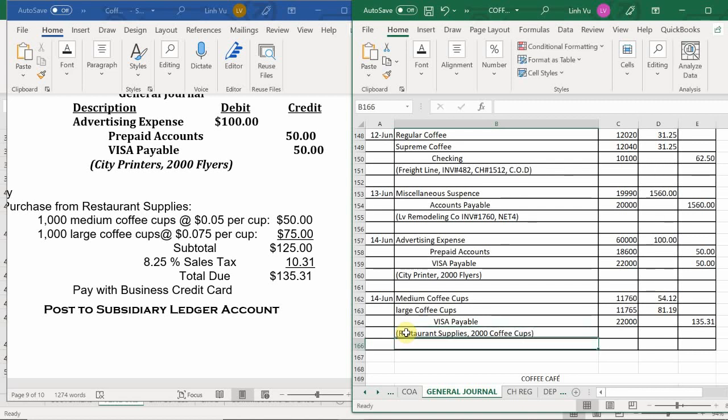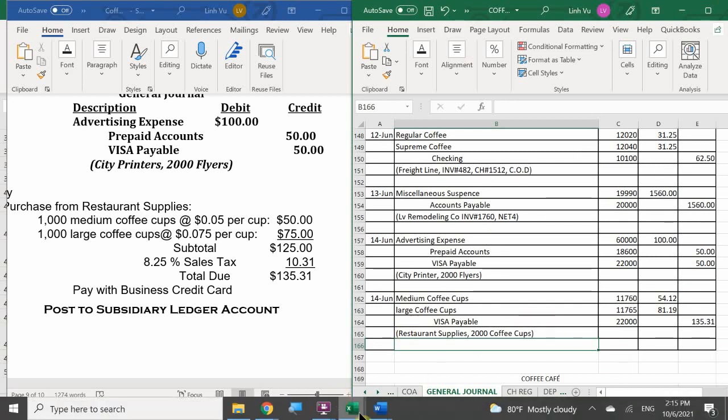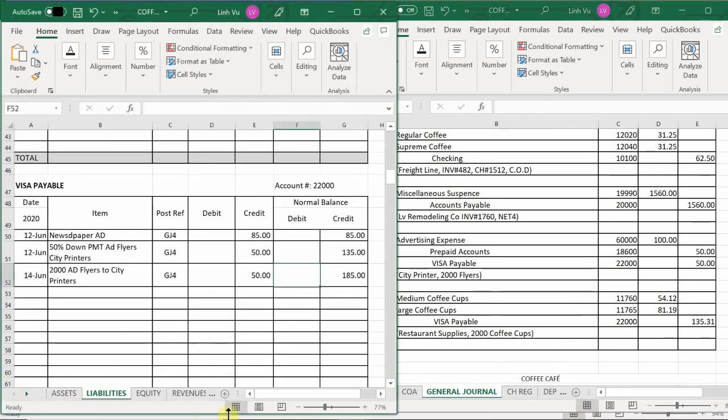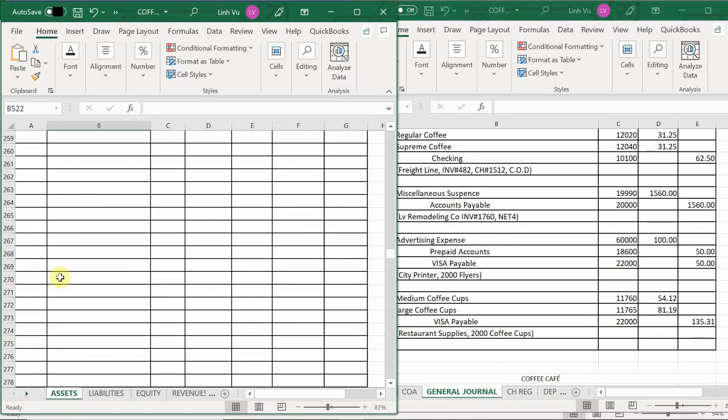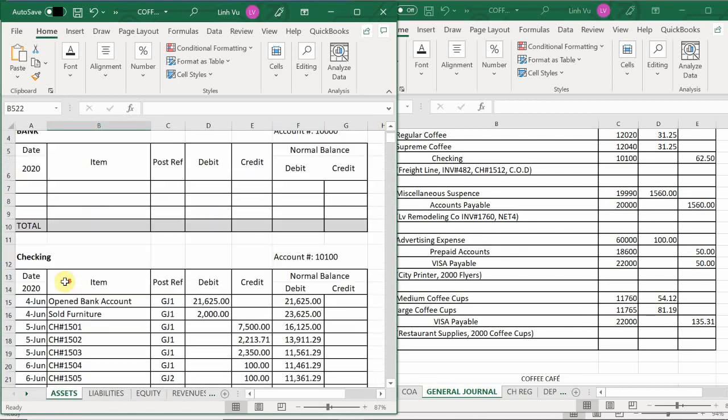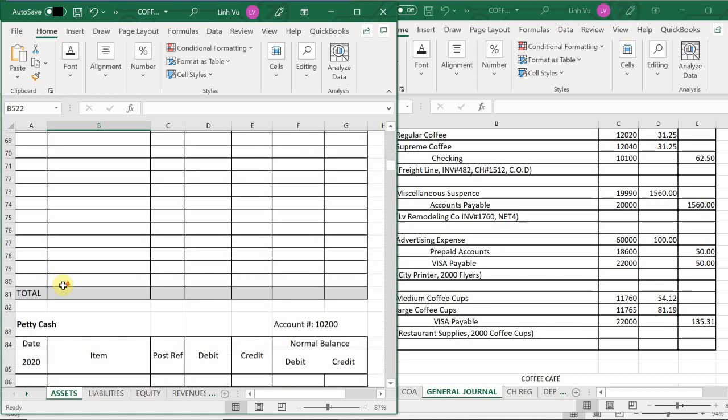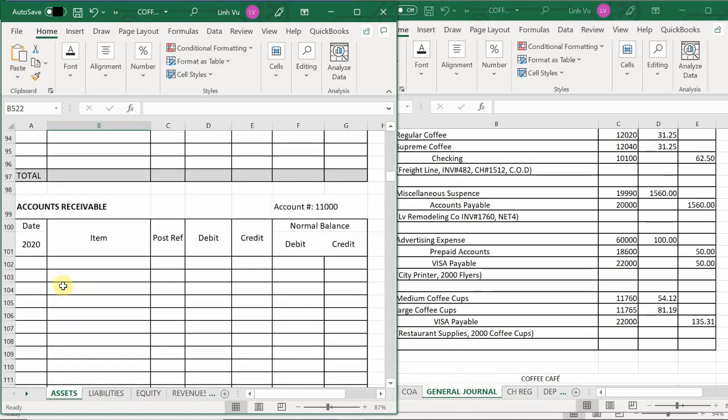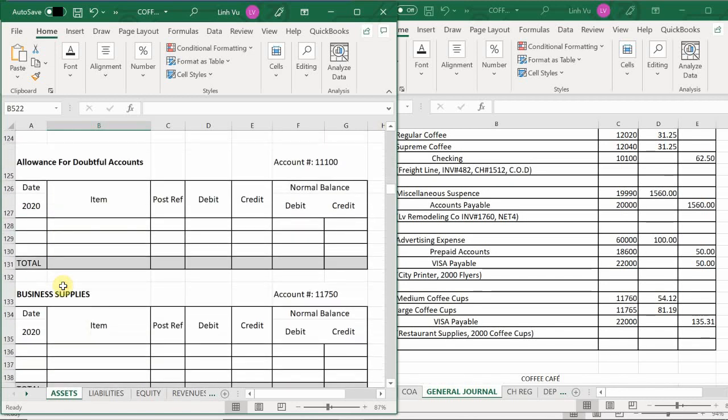You could do that too, but you already have Visa payable as the account. Okay, so we're going to the ledger. Credit card, business subsidiary. Well, we're almost finished.